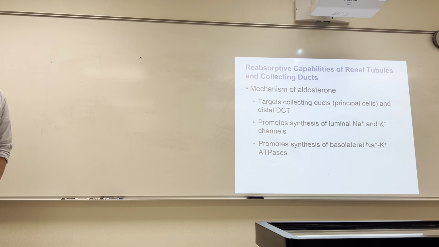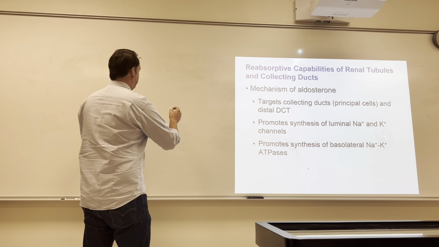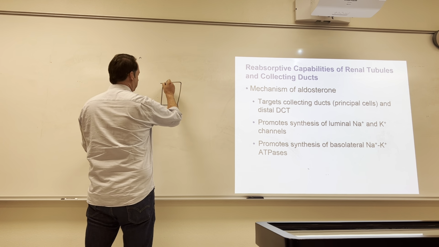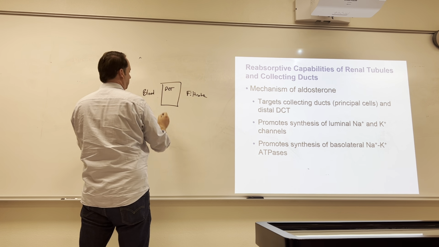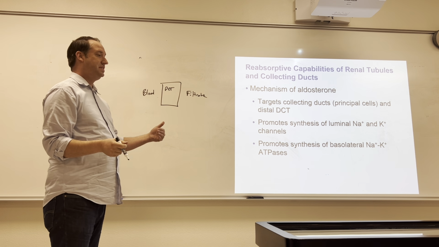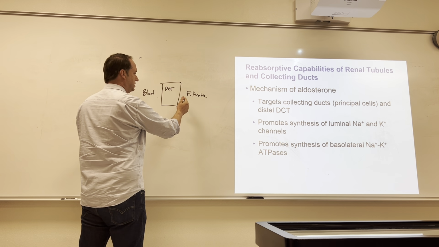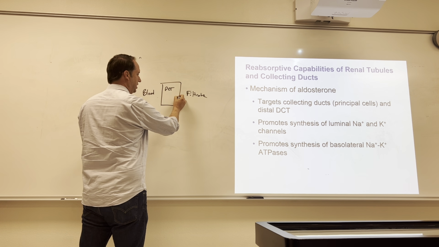Aldosterone is a steroid. Steroids act directly on DNA and cause the expression of some protein. And here, that aldosterone causes the expression of proteins in those distal convoluted tubule cells. So if you've got your distal convoluted tubule cell here, filtrate here, blood here, what this is doing is causing the cell to express more protein channels on the luminal side, so on the filtrate side, and it's expressing channels for sodium.